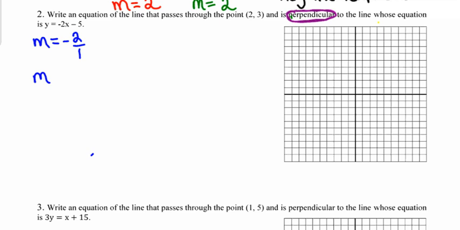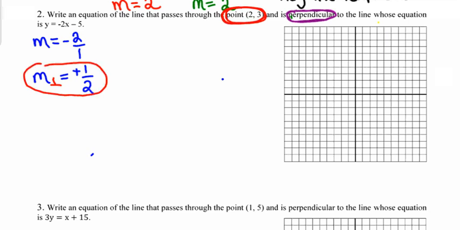The slope of a line that's perpendicular, and notice I'm going to use that m in the subscript for perpendicular, is going to be what I get when I take the opposite sign, so positive, and flip my fraction around: 1/2. So I now want to write the equation of a line that passes through the point with coordinates 2, 3, using the slope of positive 1/2.